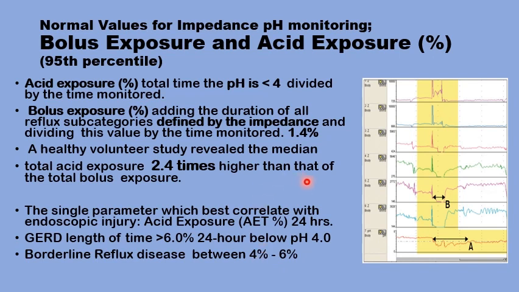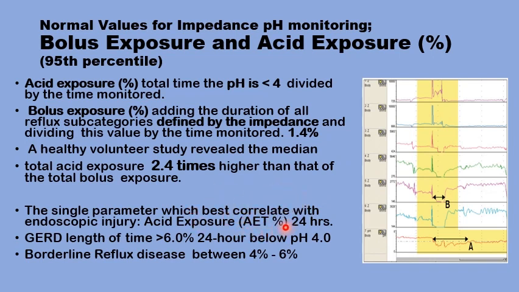We're also interested in measuring the duration of the reflux episodes, all 4 types: the acid, the weakly acid, the alkaline, and the superimposed. If we add up the bolus clearance duration, as measured from impedance rather than from the pH changes, then all these periods added together would be much less than the period of acid exposure time.